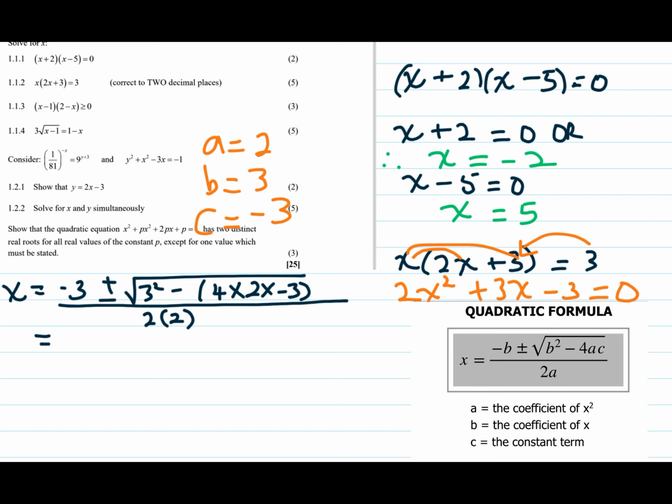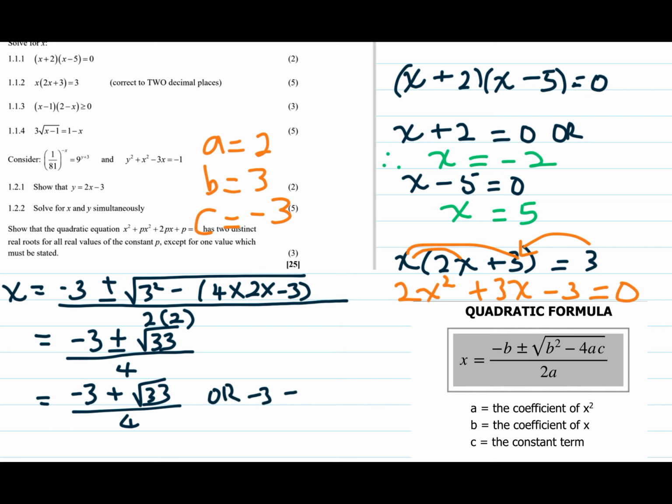This will be equal to negative 3 plus or minus the square root of 33 all over 4. And then this will be negative 3 plus the square root of 33 over 4, or negative 3 minus the square root of 33 all over 4.